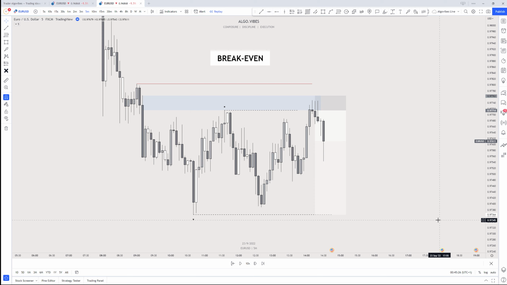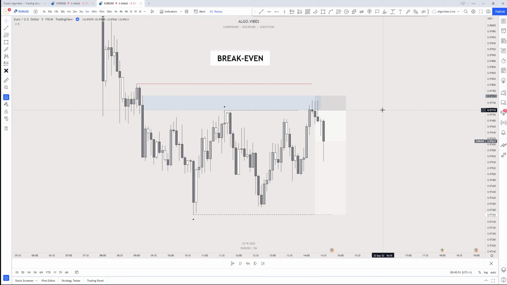So wherever I perceive to be a threat to my position, I actually just look to be at break even at that level. So around here, there are two different things I can do. I can either trail my stop loss to move it and make my losses a little bit lesser, or I can just easily be at the break even. So when I'm at break even, I'm not losing anything, and that way is actually better.